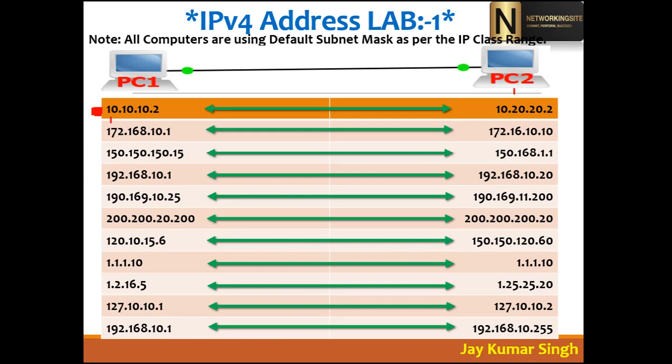The IP address I have written here belongs to PC1, and this IP address will belong to PC2. In the first condition, the PC1 IP address is 10.10.10.2 and the PC2 IP address is 10.20.22. This is very important: all computers are using the default subnet mask as per the IP class range.